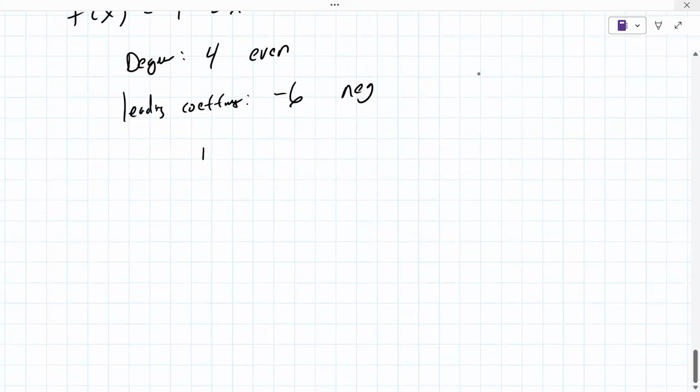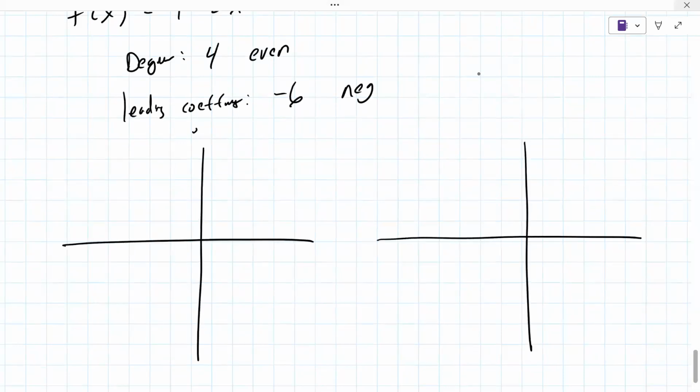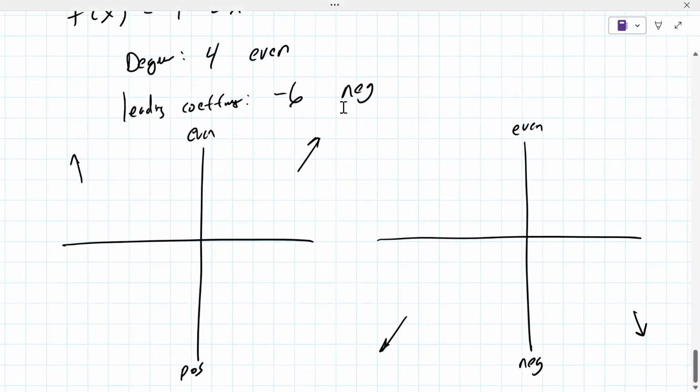All right, so for evens, there are 2 graphs. There's starts high and ends high, starts low and ends low. This is a positive leading coefficient. This is a negative leading coefficient. So which is it? Is it the one on the left or the one on the right for your problem? On the right.